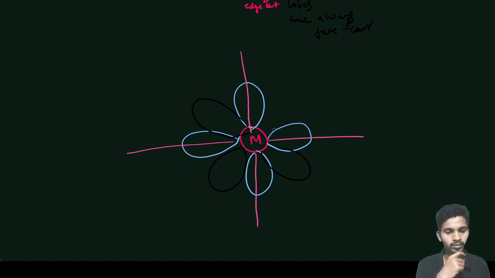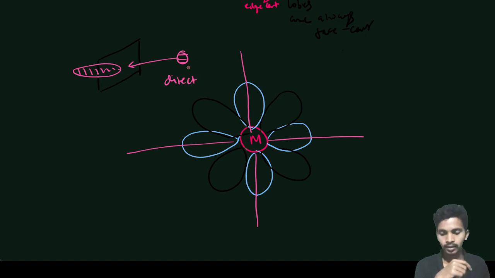So when the lobes are like this, and these are the lobes, and these are the ligands, there is a direct connection, direct repulsions.